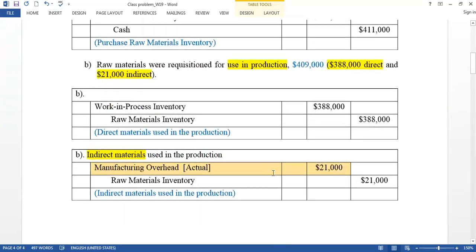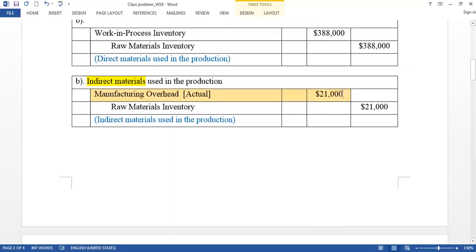Now we have several debits. You can see that from the very beginning, $21,000 debit, right?